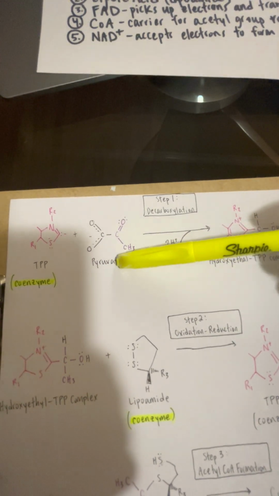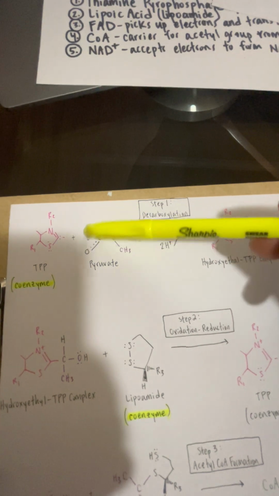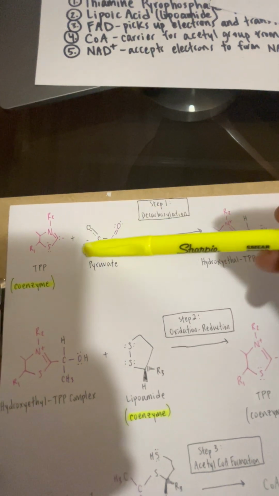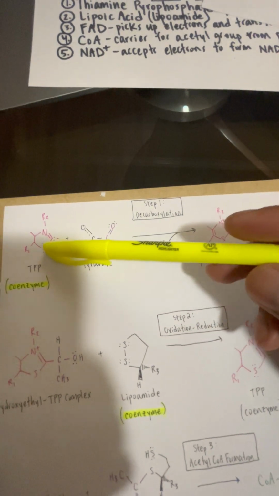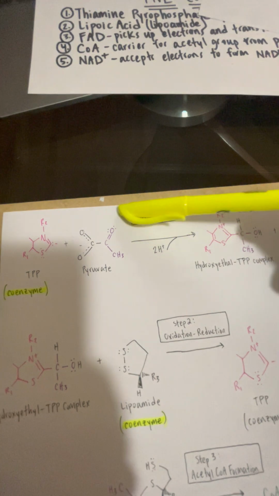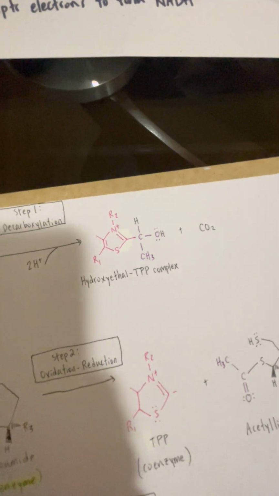And so what this does is reacts with our pyruvate and releases this carbon dioxide component here. And with the help of two hydrogen ions, this TPP and this here in purple, which will eventually become part of our final product, forms this larger complex here, hydroxyethyl TPP complex.